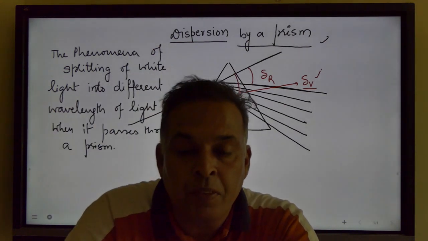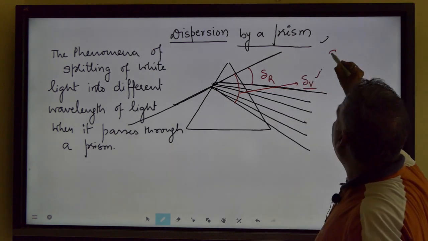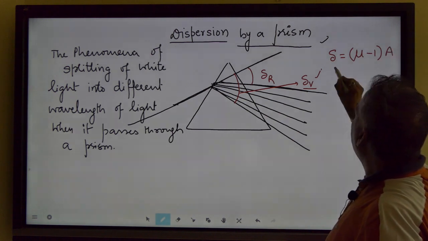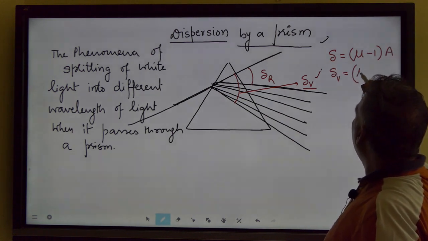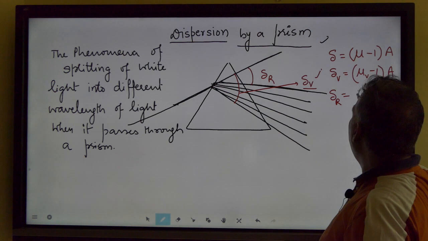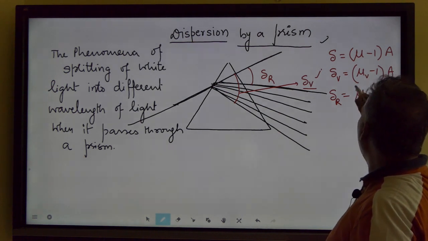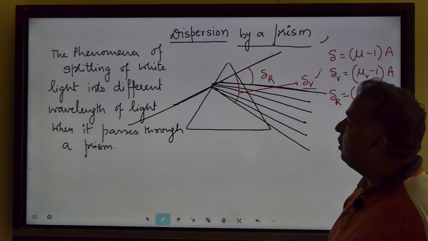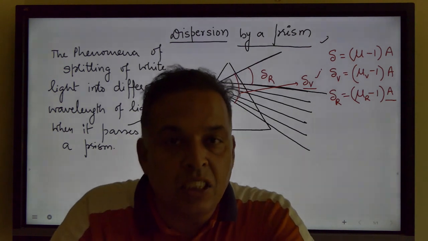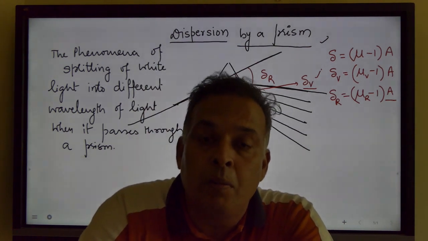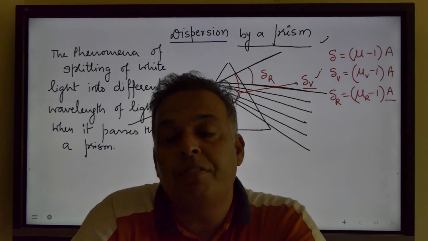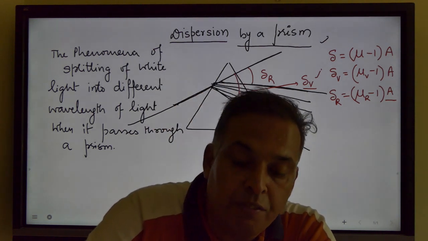The angle of deviation is (mu minus 1) into A. For violet, it's (mu V minus 1) into A. For red, it's (mu R minus 1) into A. Since mu V is more than mu R, the deviation for red is lesser as compared to the deviation for violet.